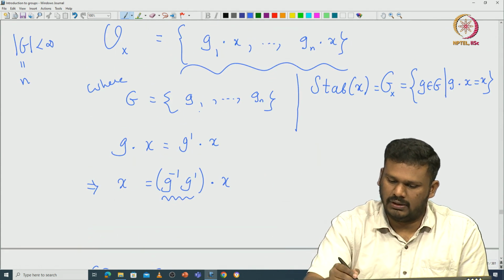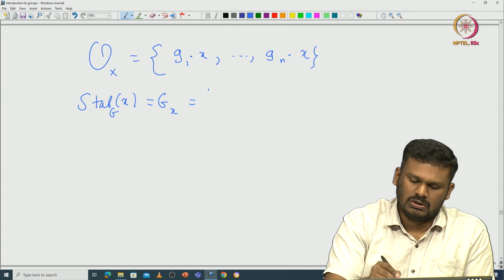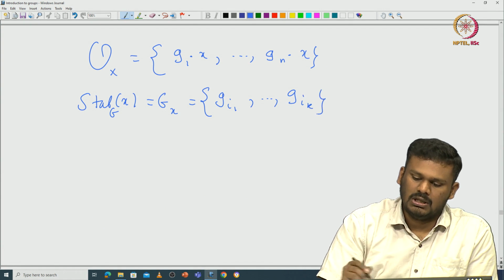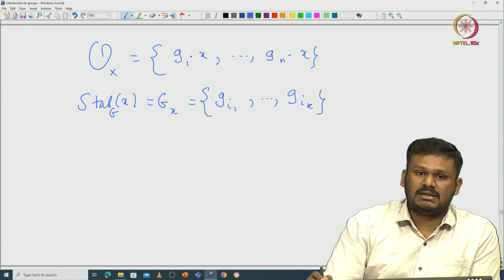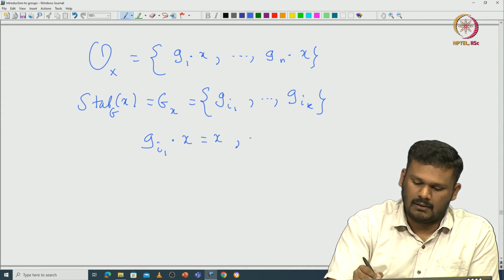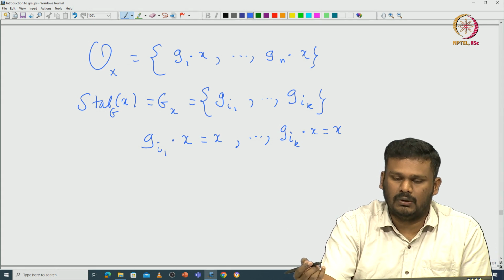Here I also want to put G, because it is the stabilizer with respect to the action of G. So if you write it as Gi1, etc., Gik, then for all these, the images of x will be x only. That means all of them give you one single element.